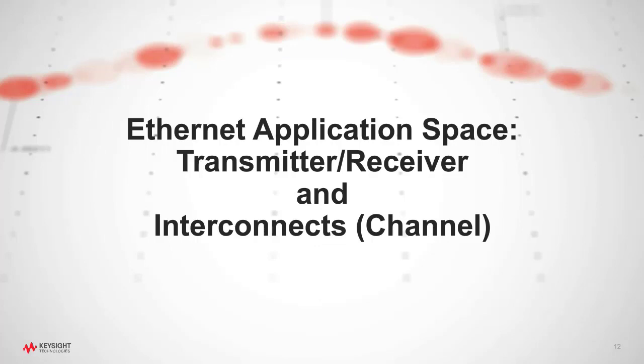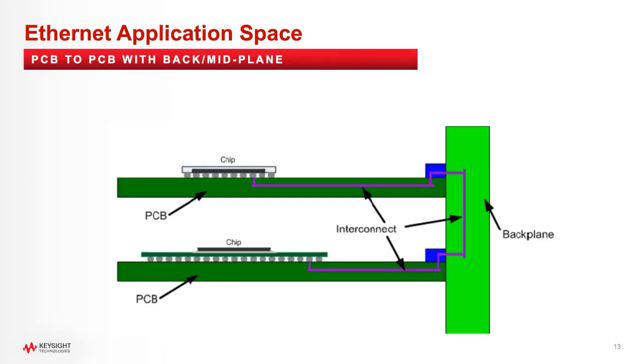All right, now let's take a look at Ethernet application space that includes the transmitter and receiver and interconnects. The picture shows an example of Ethernet application space based on PCB to PCB with a backplane.